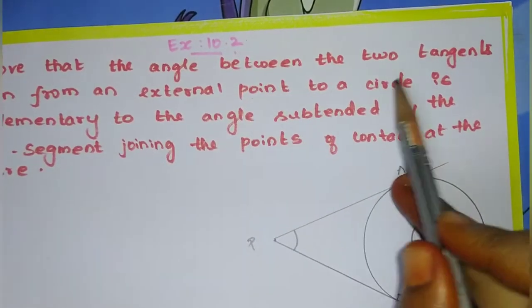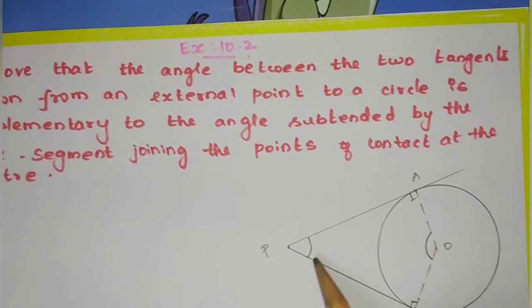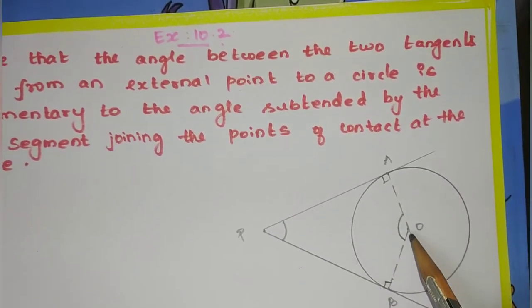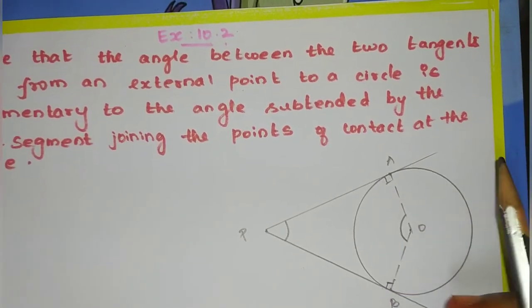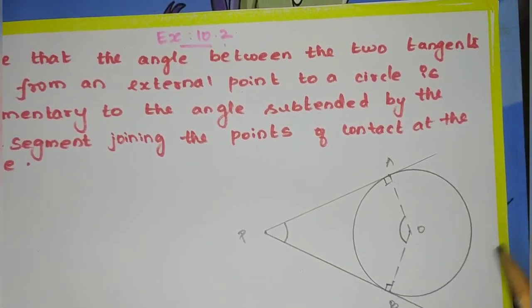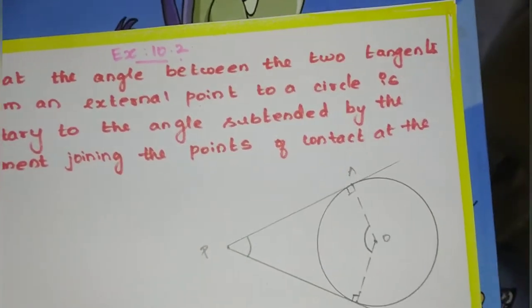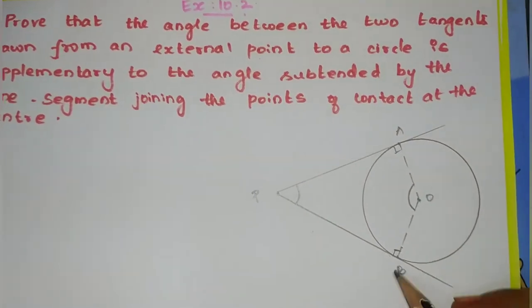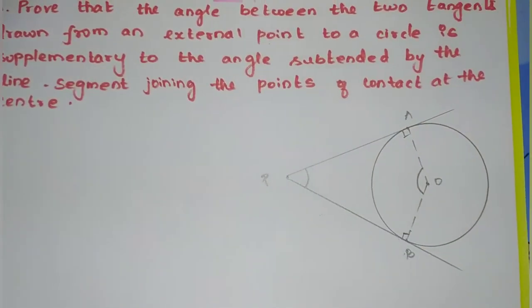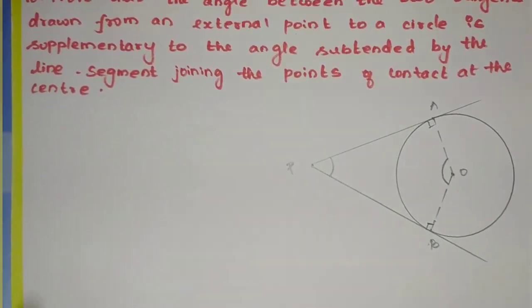Prove that the angle between the two tangents drawn from the external point to a circle is supplementary to the angle subtended by the line segment joining the point of contact at the center. Clear, children? You have to prove that AOB plus APB is equal to 180 degree. Clear, children?